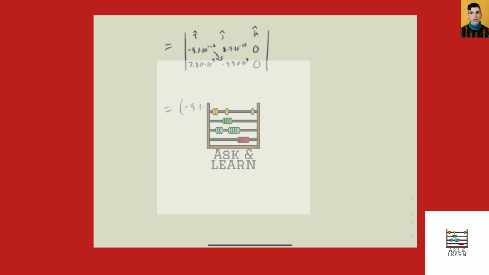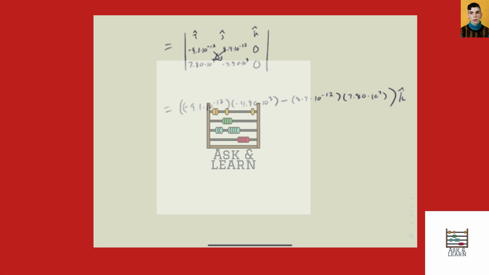So minus 9.1 times 10 to the minus 12 times that, and then subtract this product going the other way. And then this whole thing is the k hat component.